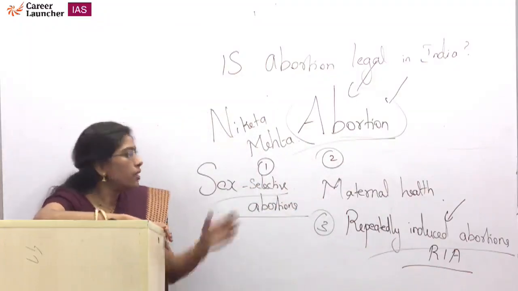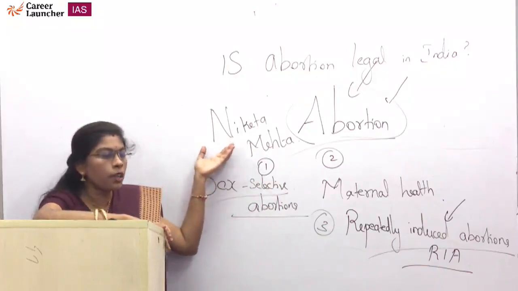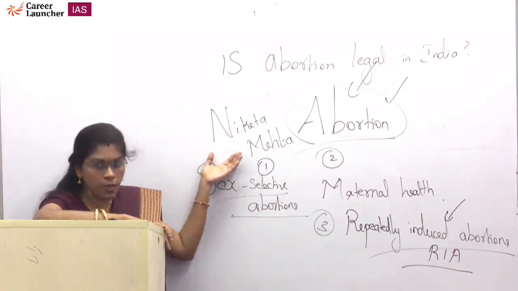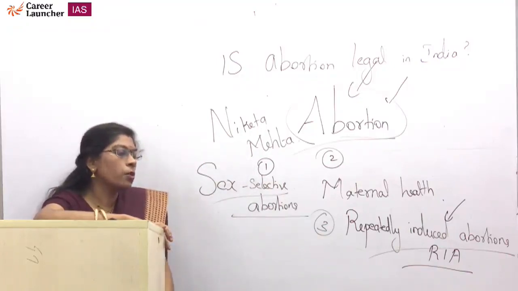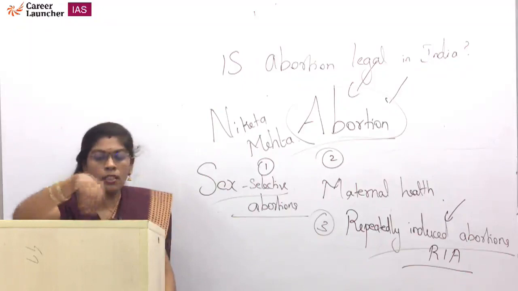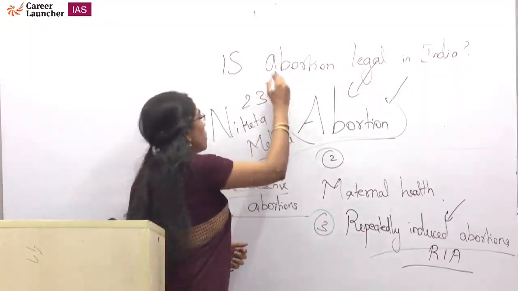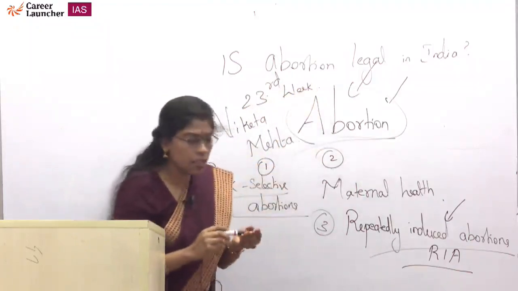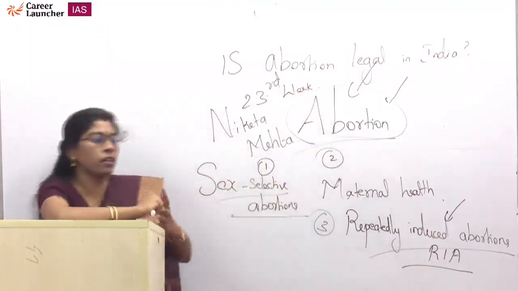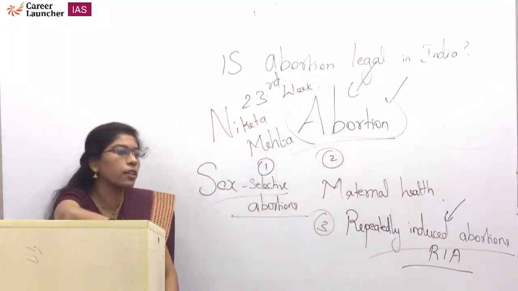She is a well-educated woman, very bold, ready to make her own decisions, with a very supportive husband and a very supportive family background. She was undergoing her pregnancy, and during the 23rd week of her pregnancy she wanted to abort her child. She filed a complaint in the Mumbai High Court that she wanted to abort her child. This was her appeal.